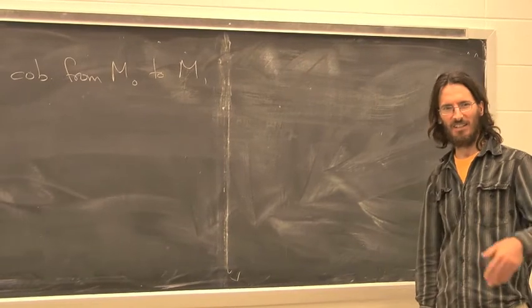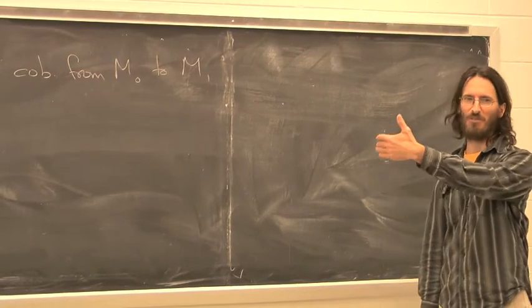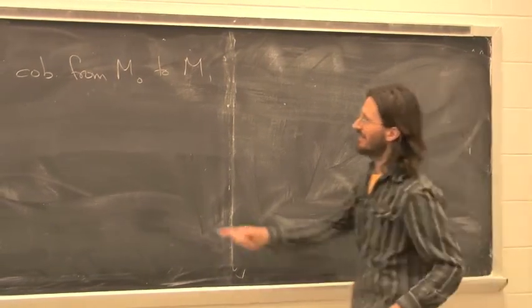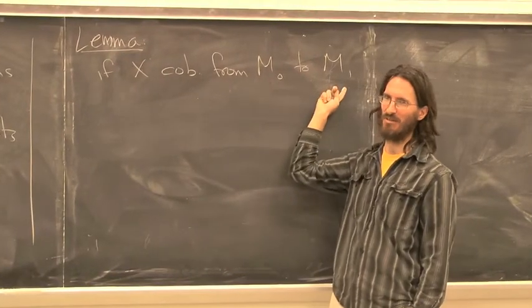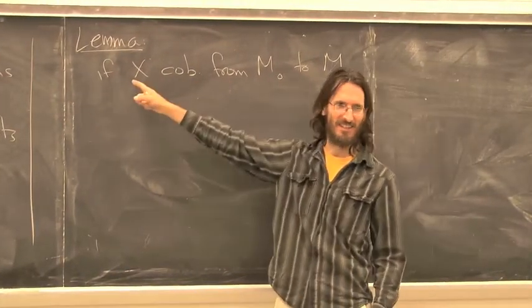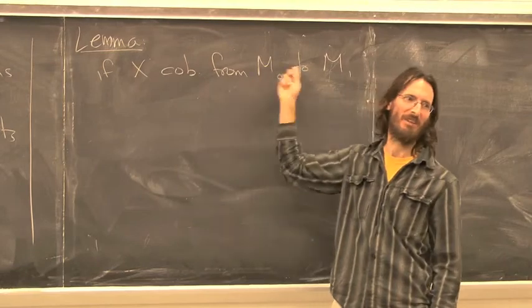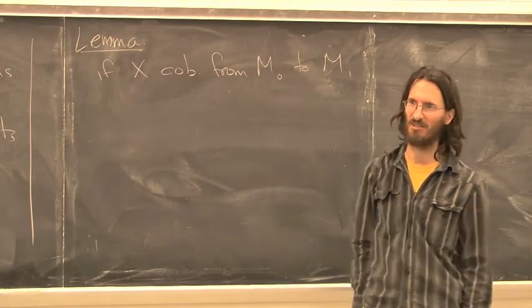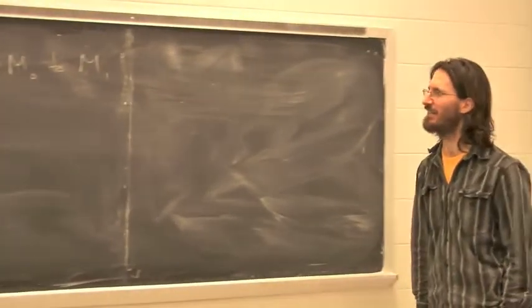Bord is the French word for boundary. X is not the boundary of M0 and M1; M0 and M1 are the boundaries of X. So X is the co-boundary of M0 and M1. That's why it's got a co in it.